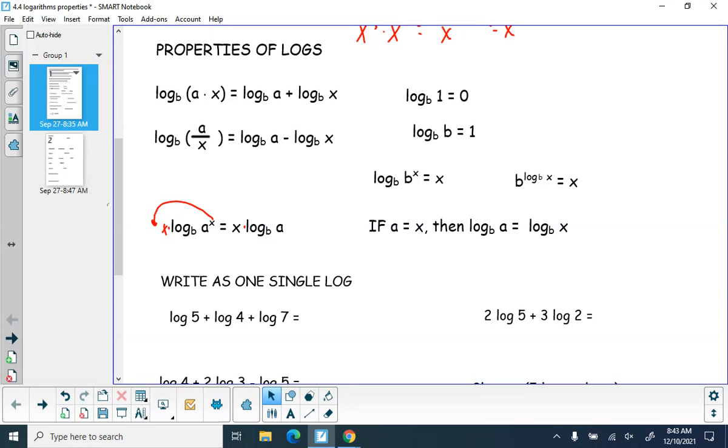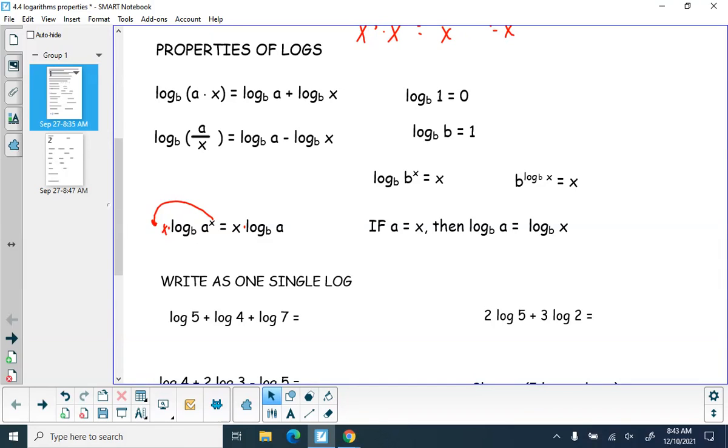They are operations that allow us to maintain equality. If I take the square root of both sides, I maintain equality. If I square both sides of the equation, I maintain equality. If I take the inverse sine of both sides, I maintain equality. If I take the log, same base, of both sides, I maintain equality.